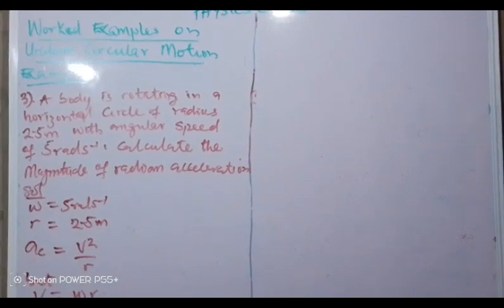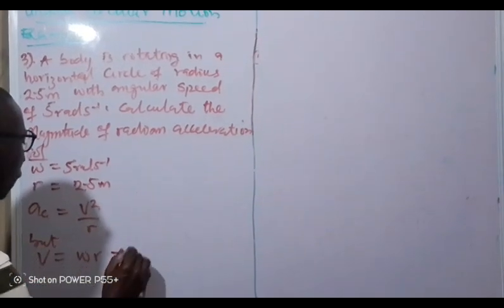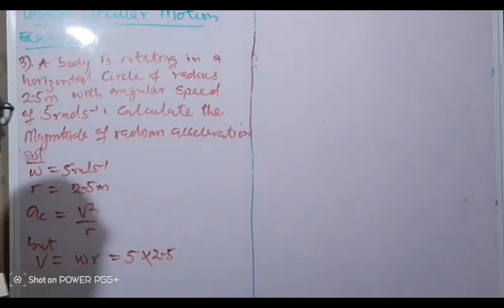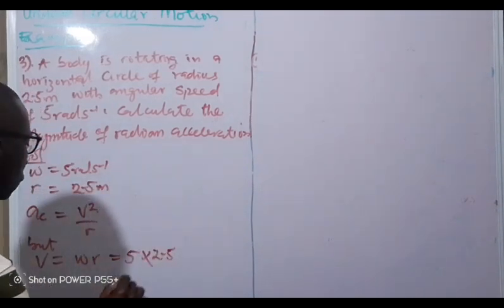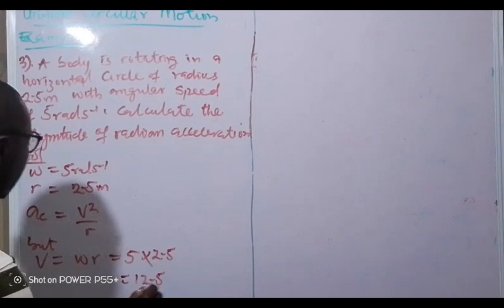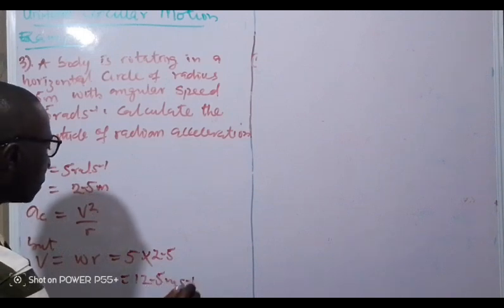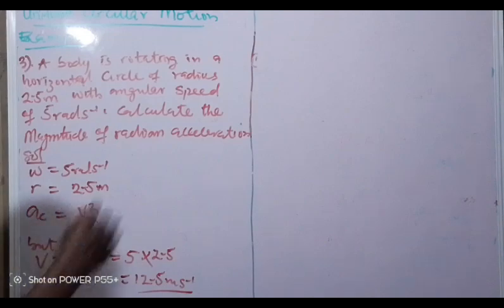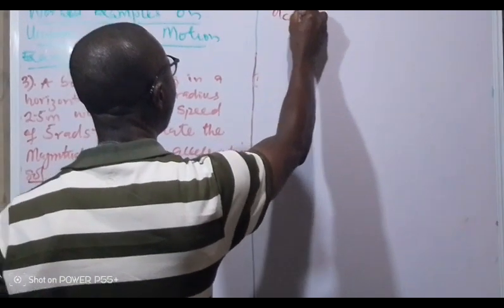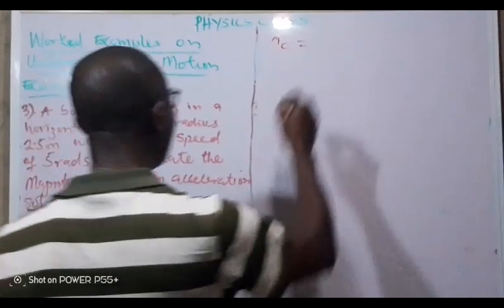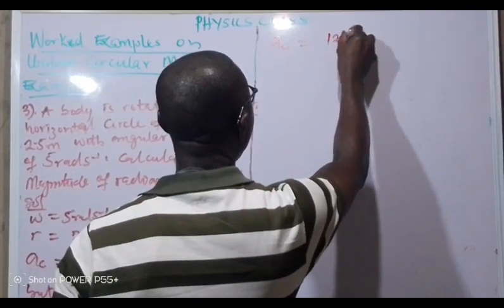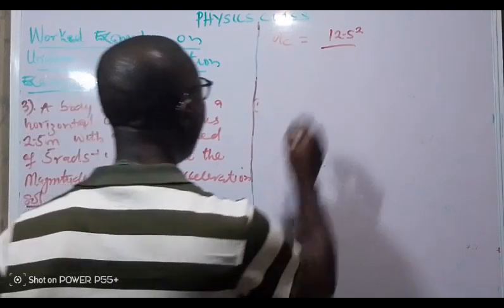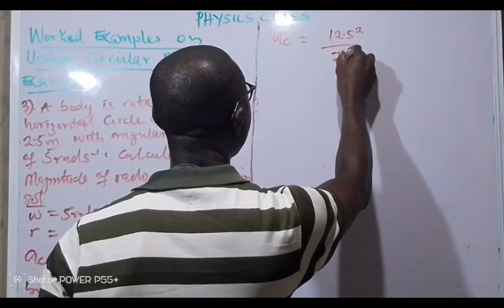Once omega is given, this one is now 5 multiplied by 2.5. So this will give us 12.5 meter per second. Once we know the value of V, we can now say our AC will be equal to 12.5 square over the value of R, which is 2.5.